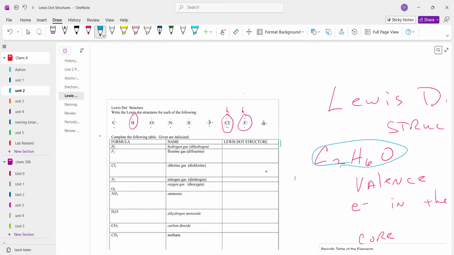I think I did the C wrong. Okay, so there are 3 structures for this. You got one of the 3. You have the hardest one, actually. It's because it's cyclic.